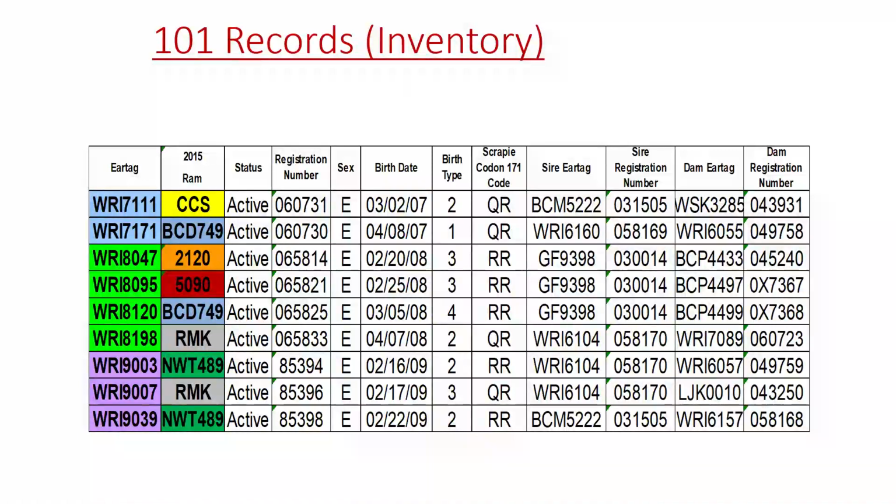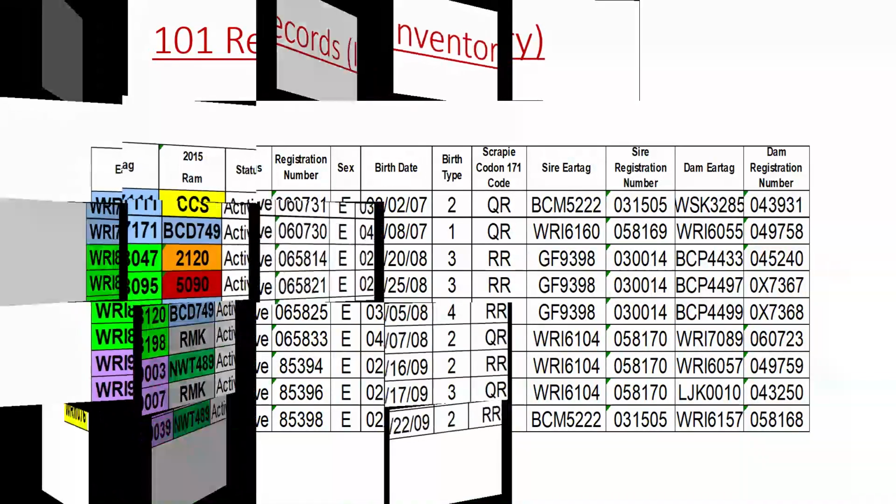Some of that codon information, like Jake was talking about, this is just scrapie codon 171 information for each of those ewes. And of course, sires and dams, and just easy access to find and look up those registration numbers if you need them. If you're a seed stock producer, some of this information, even though it may be pretty basic, you can stick it in an Excel spreadsheet, have access to it anytime you need it.